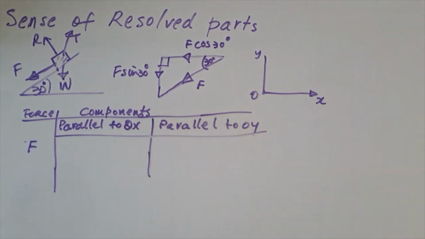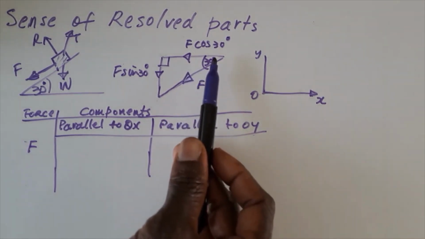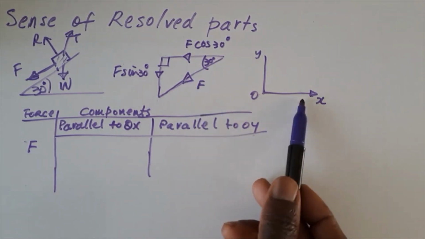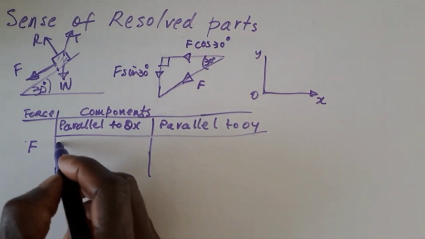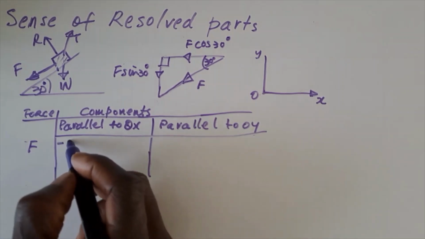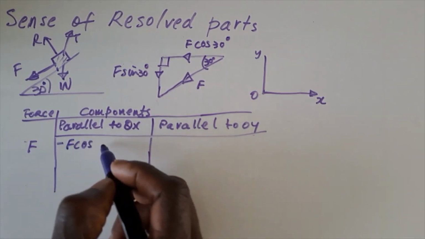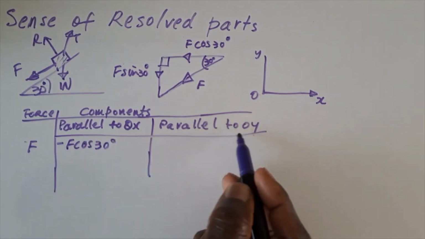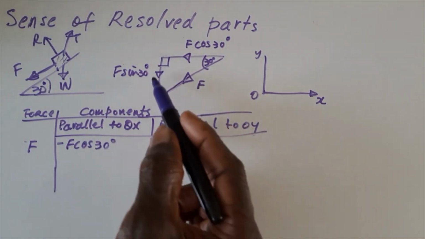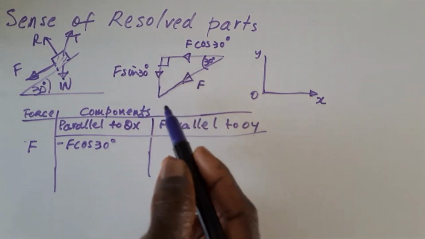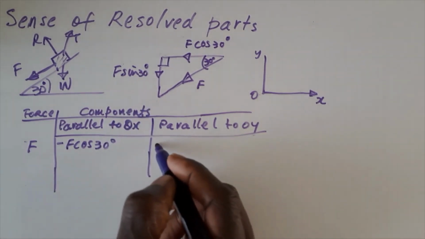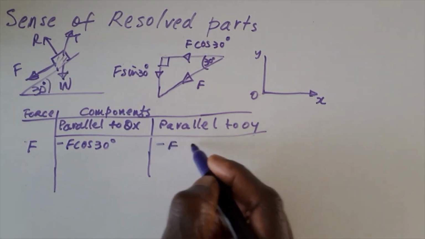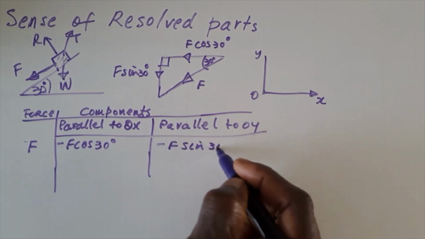So first it's F we modelled. Now you can see F cosine 30 is parallel to OX, but going in the opposite direction, so it's negative. So this will be written as minus F cosine 30 degrees. And parallel to OY, we can see that F sine 30 is parallel to OY, but it's going in the opposite direction, so it's also minus F sine 30 degrees.